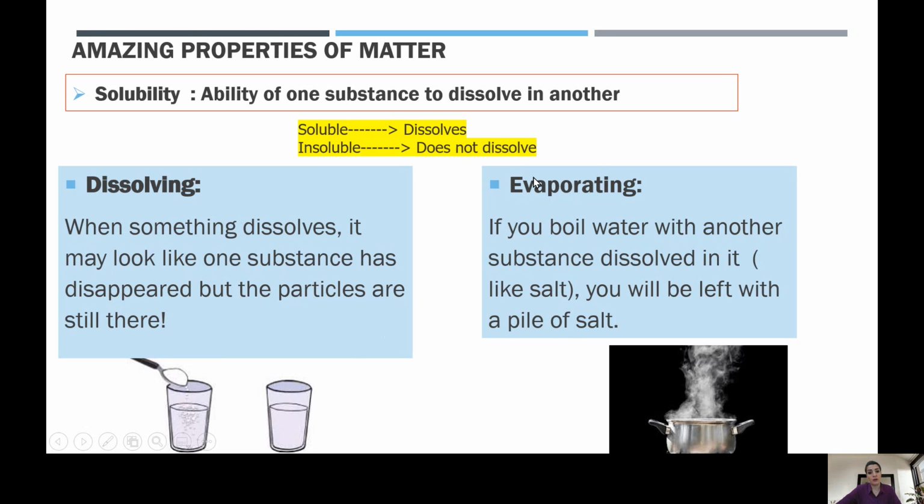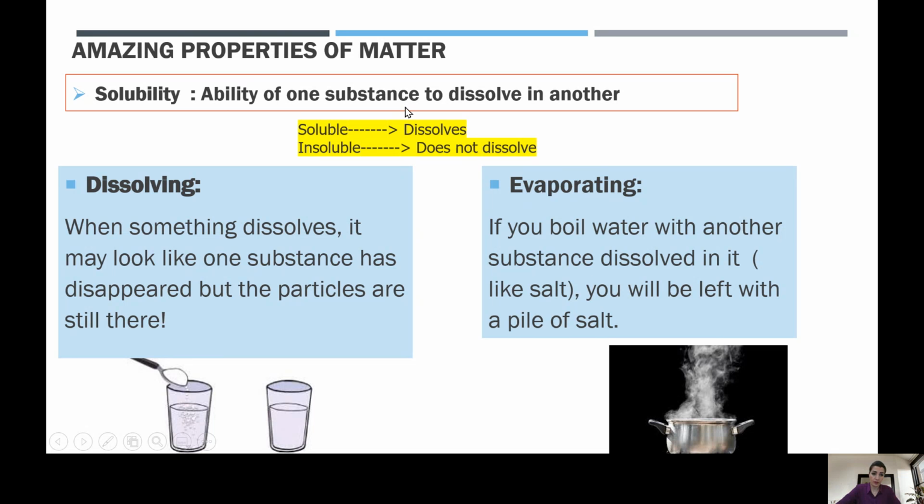Another scientific keyword that I am highlighting today for you, and please note it down, is called evaporating. When I evaporate, this means you are boiling the water with another substance that is dissolved in it, like salt in my previous example, and what you will be left with after the whole water disappears or evaporates is the salt particles.